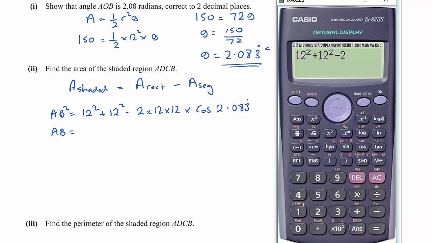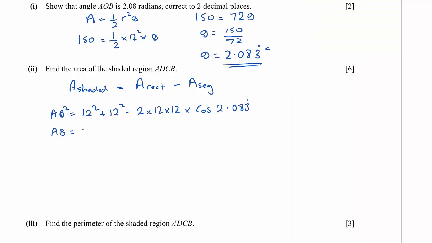Take away 2 times 12 times 12 times the cosine of my last answer. And then we need to square root that. So that gives me 20.718.